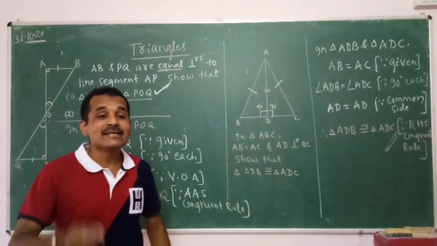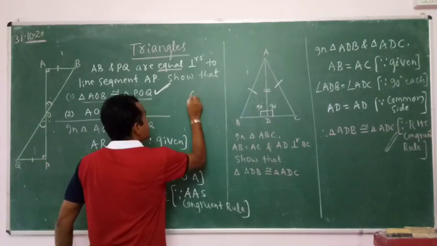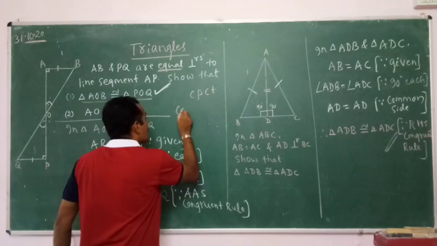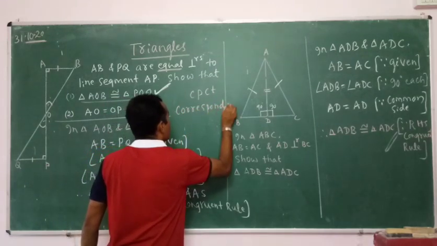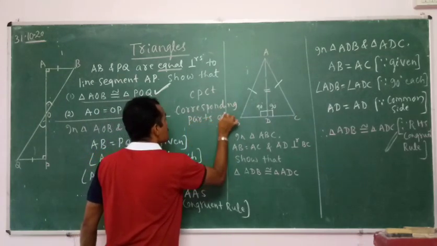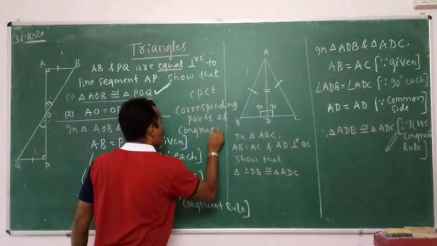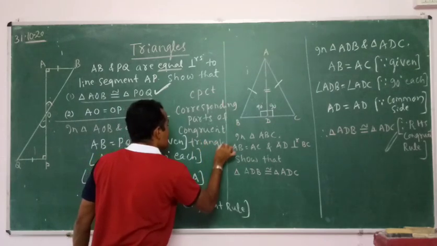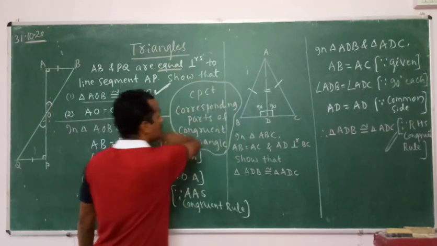That is called CPCT, corresponding parts of congruent triangles.